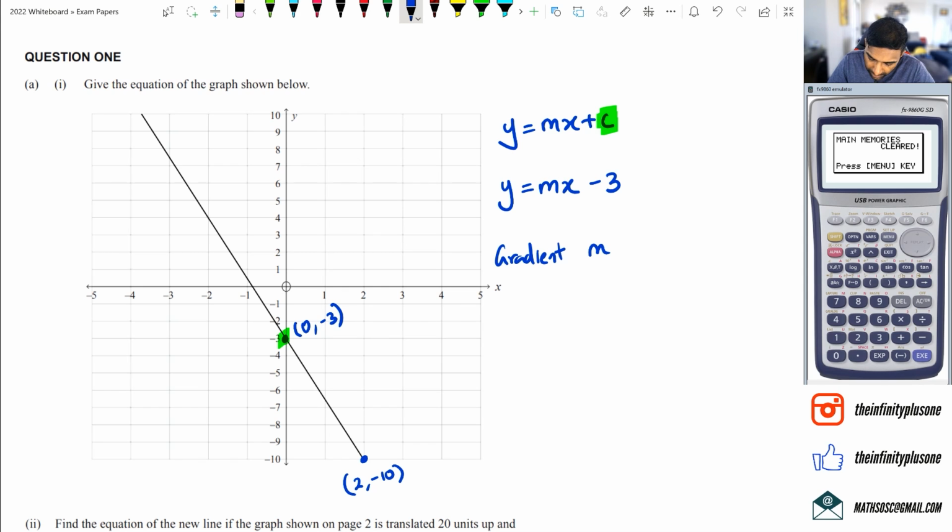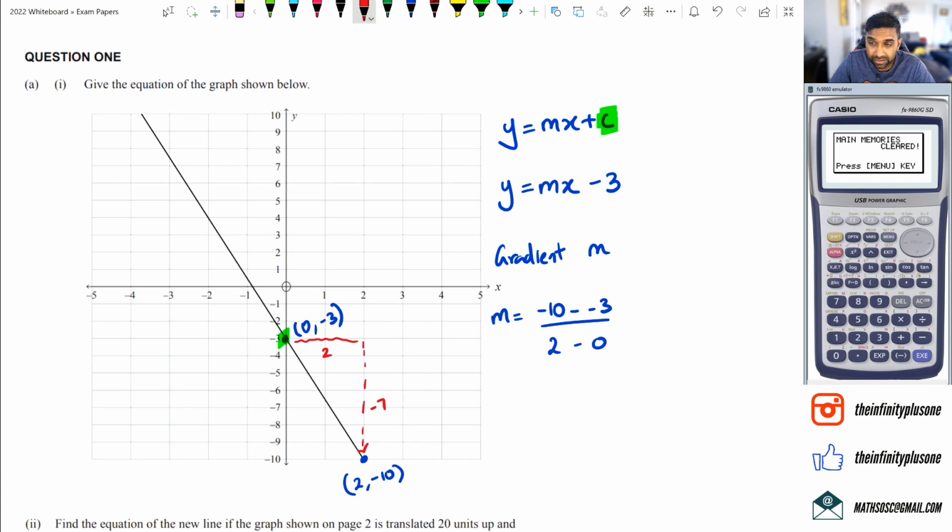So in this way, all I've got here is a change in y. So I'm going to go gradient is equal to -10 minus -3 divided by 2 take away 0. So all I've done is change in y over change in x. Now if you're doing rise over run, you might do run as 2, and instead of rise, you're going down, and because you're going down, that's going to be -7.